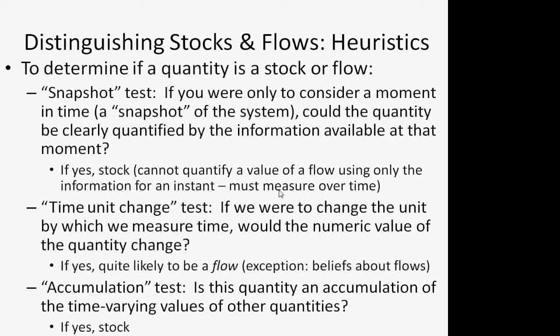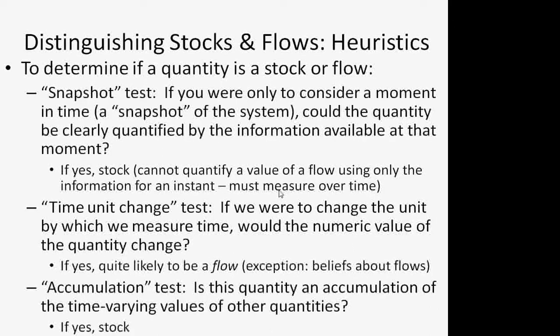Another way to ask is, if I change the unit of time from say months to days or from months to years, would the numeric value of this quantity change? If I want to quantify how many cubic meters per second are going down the South Saskatchewan River, if I want to quantify that per day or per month, it would make a huge difference.